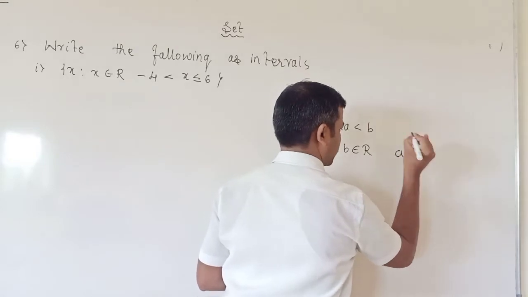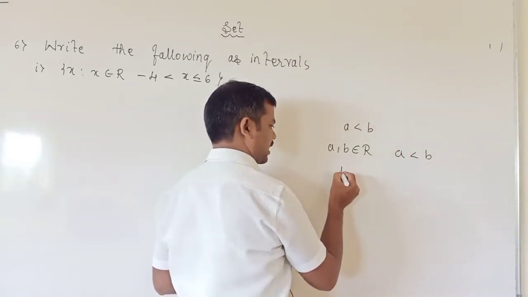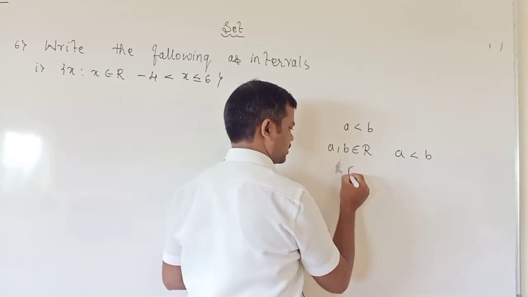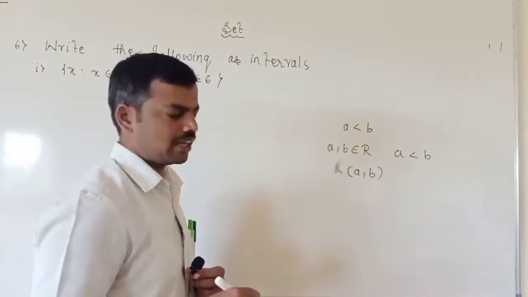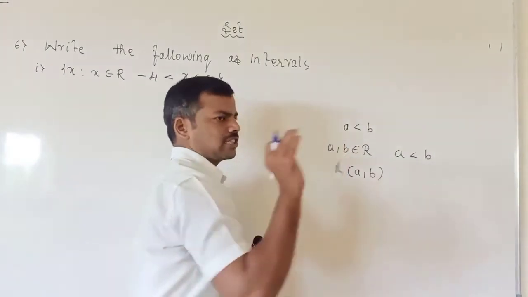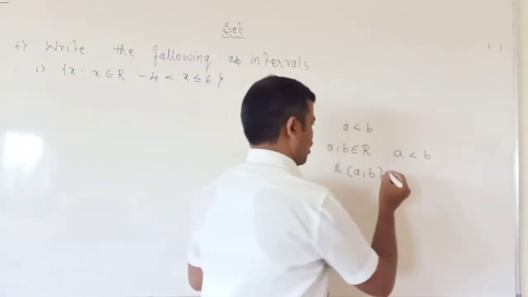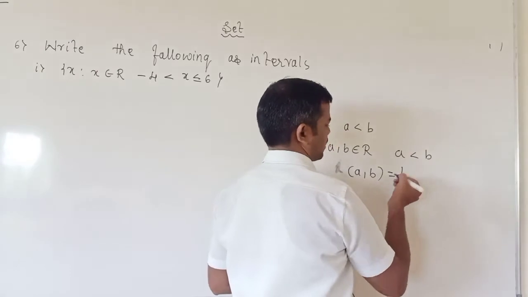Firstly, if a and b are real numbers and a is less than b, the first interval is (a, b), which we call an open interval. Both a and b are excluded, not included. How do we write that in set builder form?